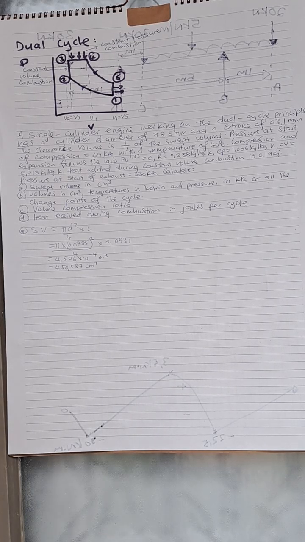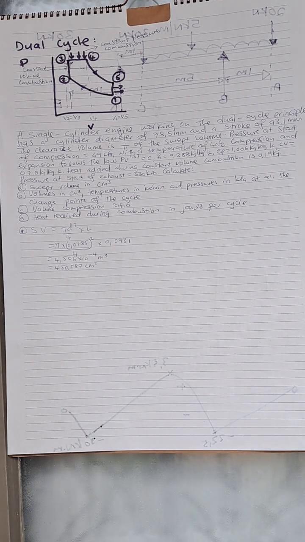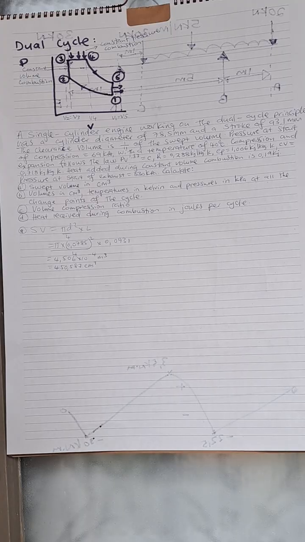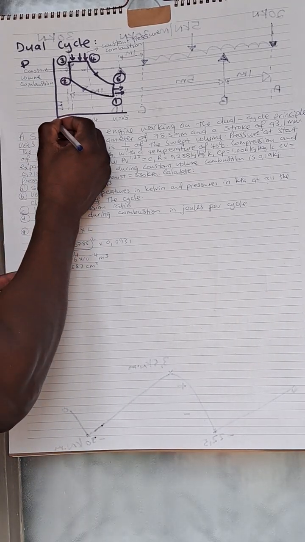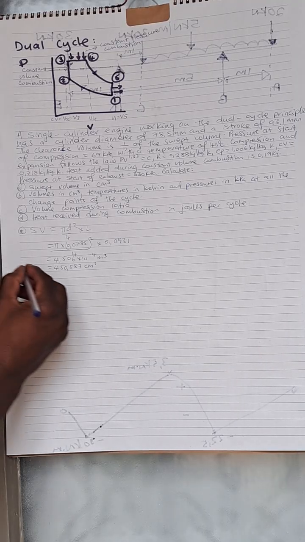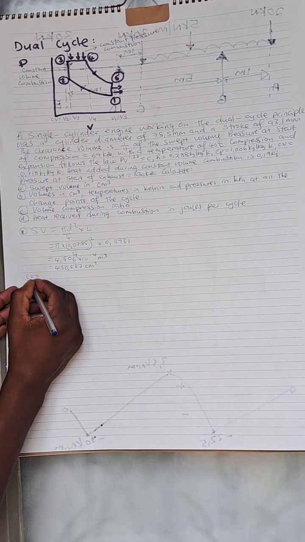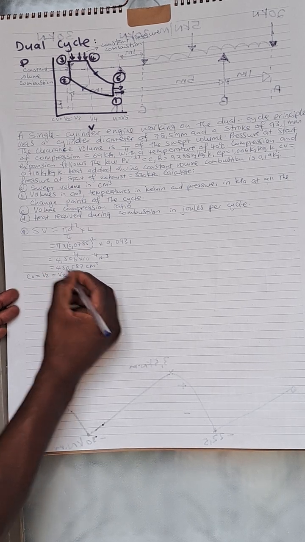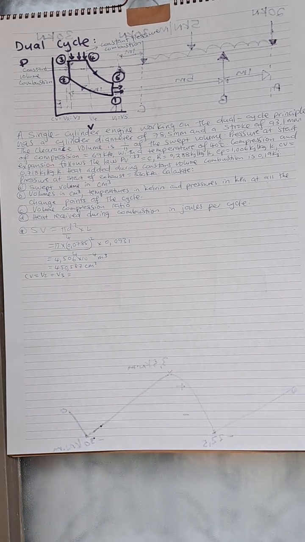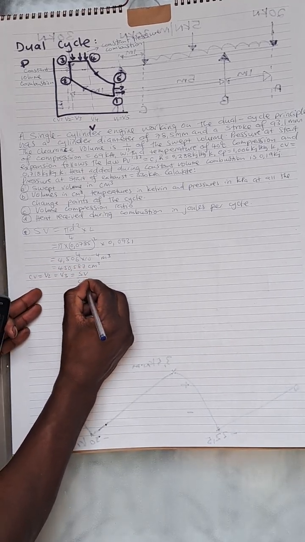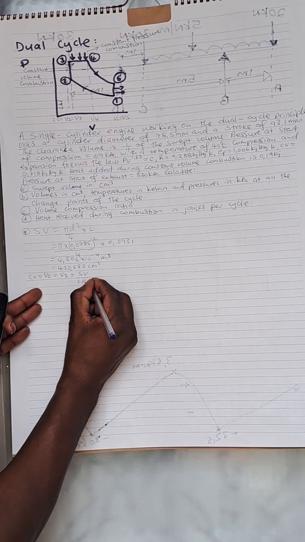Number B, they want all the volumes, temperatures, as well as the pressures. Now that we have our swept volume, it is for us to get our clearance volume, which is our V2 or our V3. So we say clearance volume equals V2 equals V3. How do we solve this one? It's our swept volume over our compression ratio minus 1.